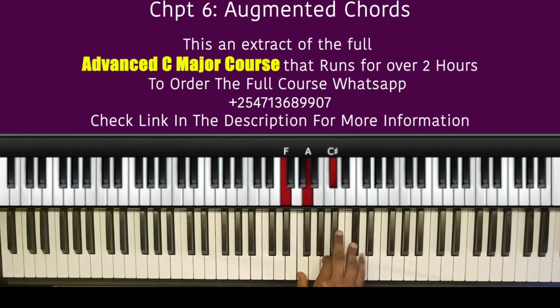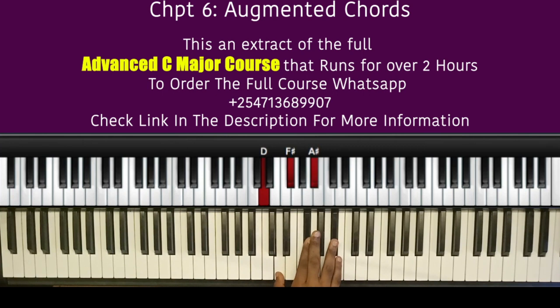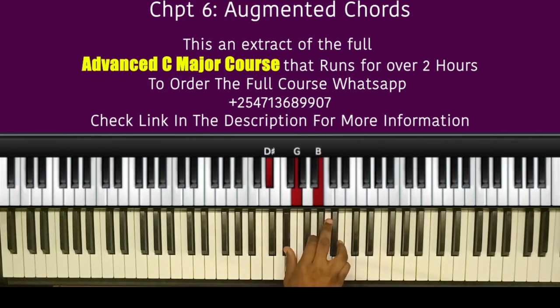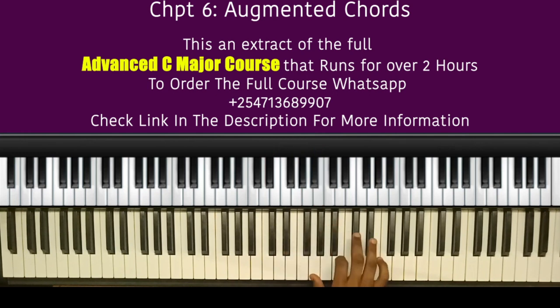It's the same as the F augmented chord and the same as the A augmented chord. Then we have the D. The D looks something like this. It's the same as F sharp and A sharp. And then the last one is the E flat, which is something like this. It's the same as G and the same as B. So we only have 4 sets of augmented chords on the keyboard.